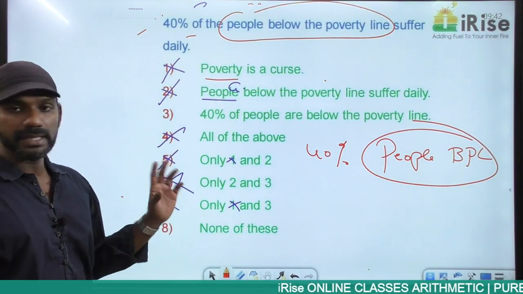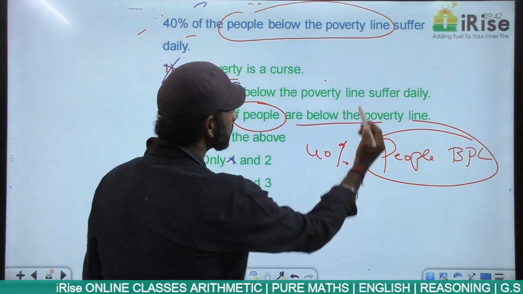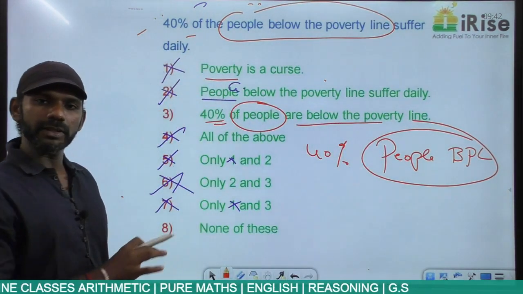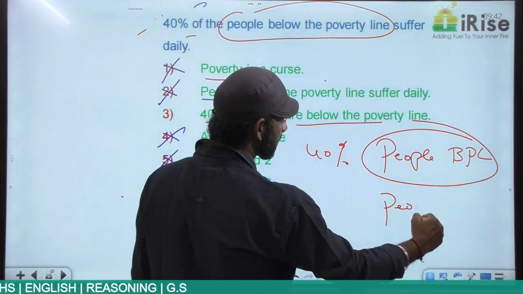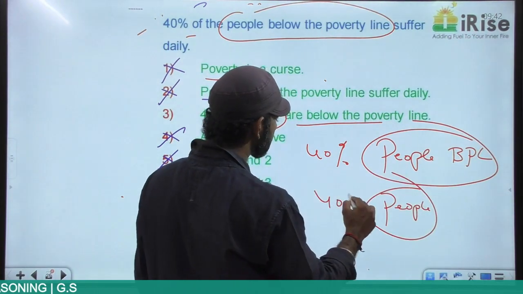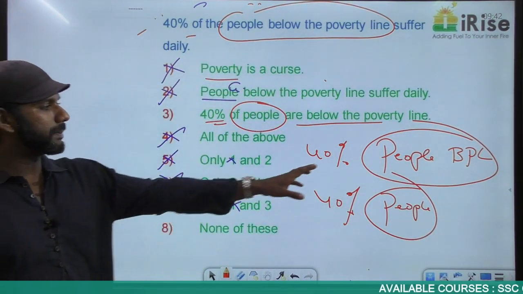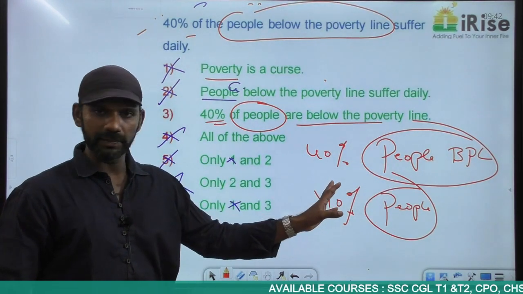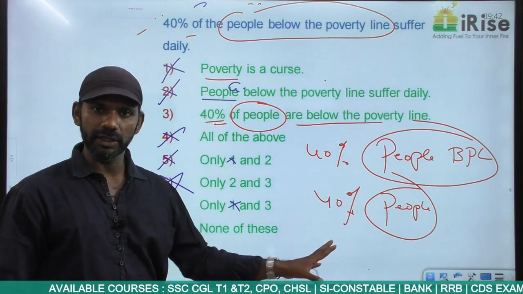Option 3 says 40% of people are below the poverty line. 40% of people means, according to option 3, from people we are taking 40%. According to the question, from the people below the poverty line, we are taking 40%. Whereas according to option 3, from people we are taking 40%.